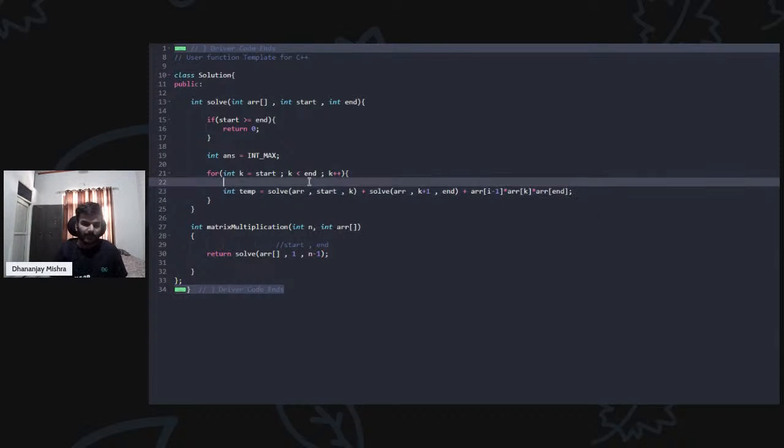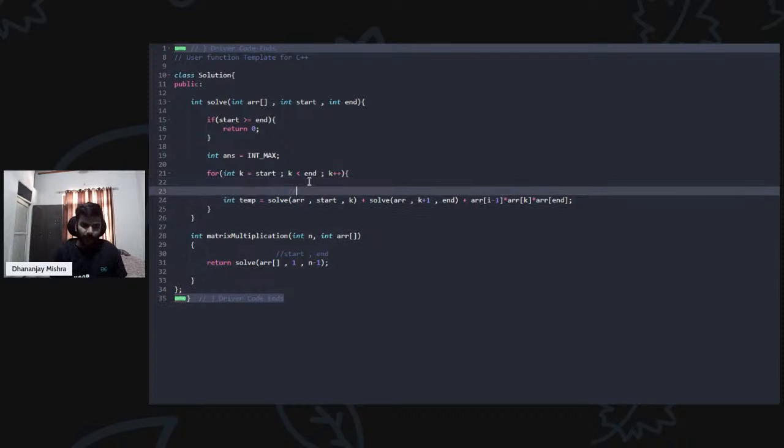So if I comment it down for you, this denotes my left part or the left partition. This denotes my right partition, and this denotes my cost of the resultant matrix multiplication, right?